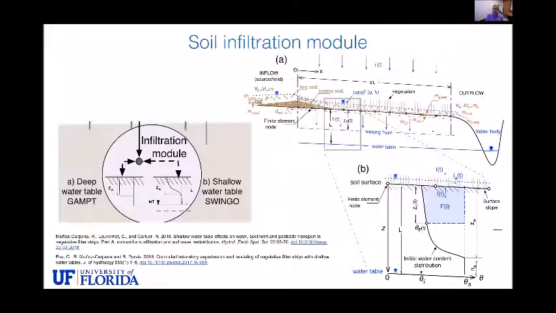Physically, in the presence of a shallow water table, under initial hydrostatic equilibrium conditions, soil moisture distribution in the profile is affected by the depth of the water table. From there, there is a limitation to infiltration, which means that the partitioning of the surface-subsurface flow processes gets shifted so that there is more flow on the surface, more velocity, less deposition, more transport through, and ultimately a reduction of efficiency when a shallow water table is present. And the extent of that effect will depend on the depth of that shallow water table.